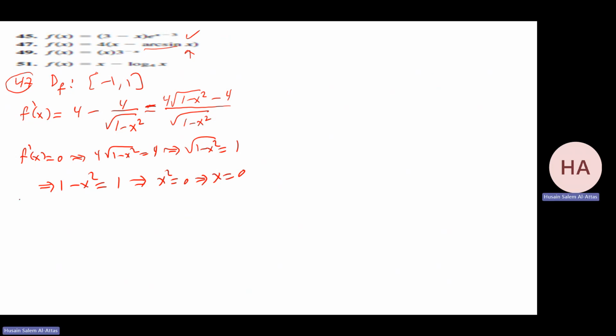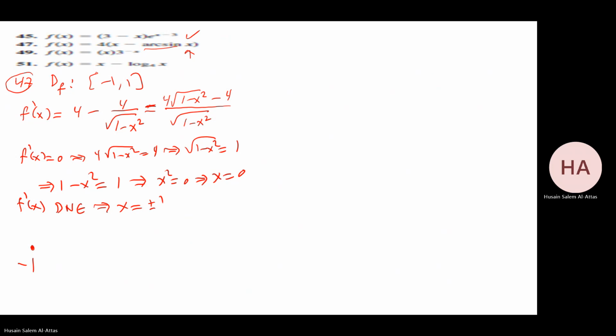Okay, and f prime does not exist where x equals plus or minus 1, which is in the domain. So I need these values to check now the sign. Starting from -1, these are endpoints.